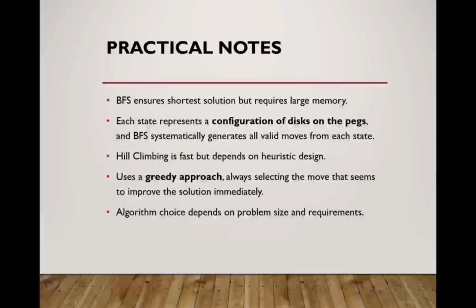Hill climbing is much faster but heavily depends on the heuristic we design, and it also uses a greedy approach which picks the move that seems to give an immediate improvement. Ultimately, the choice of algorithm depends on the size of the problem and the requirements, whether we care more about efficiency or about guaranteed optimality.